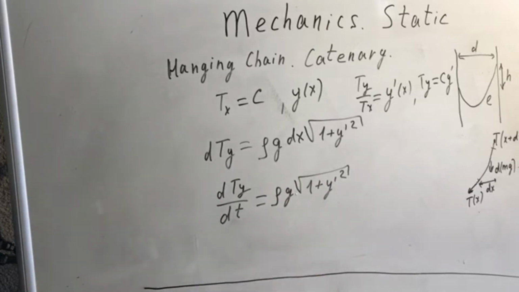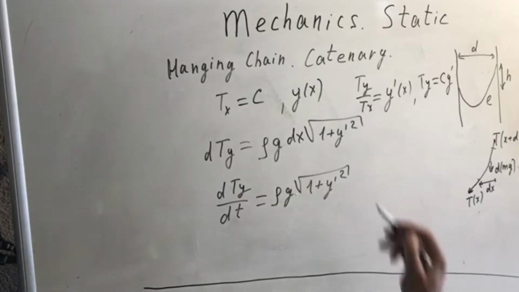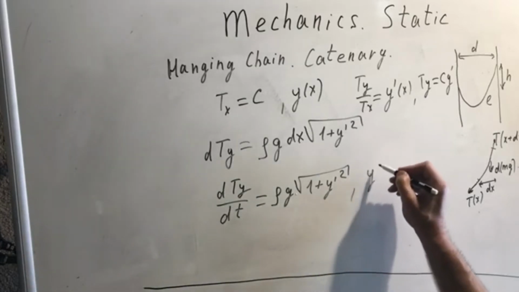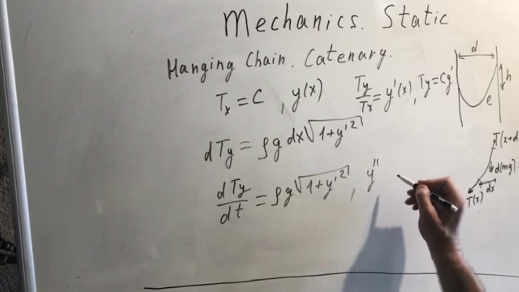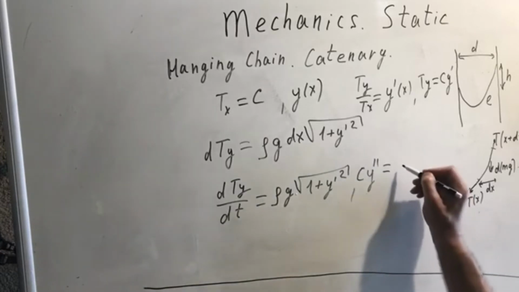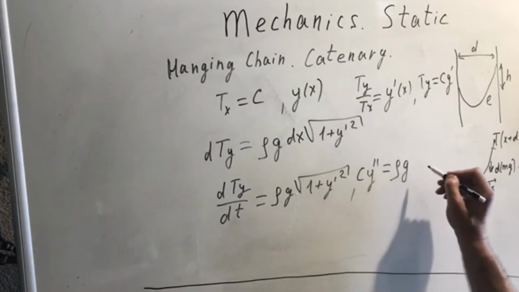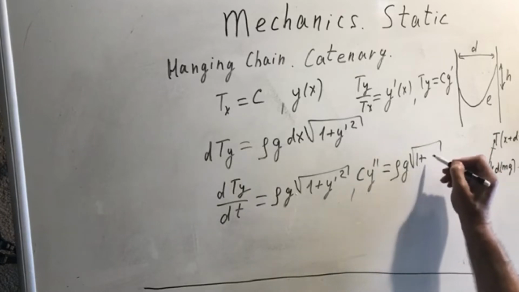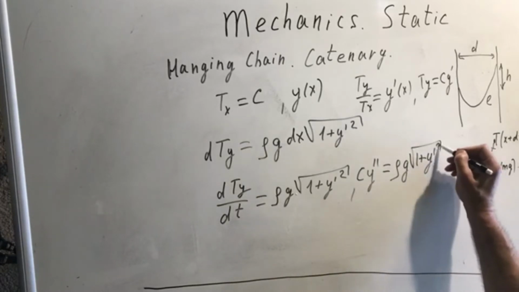But this function Ty exactly equals C y prime, so we can rewrite this formula in the form of y second derivative multiplied by C equals rho g root of 1 plus y prime squared.